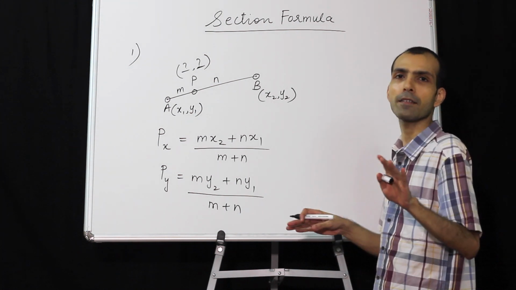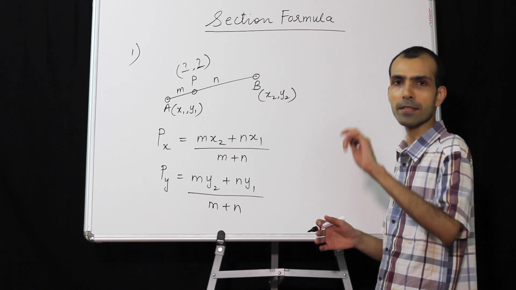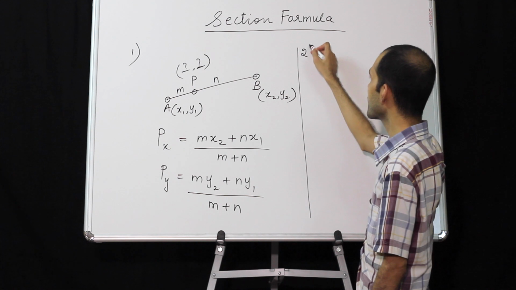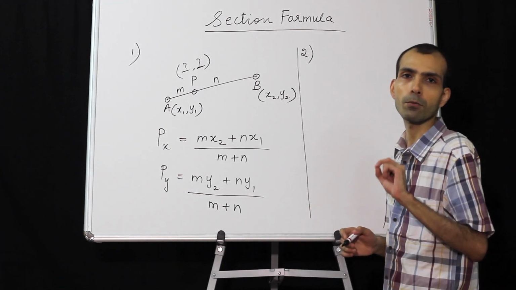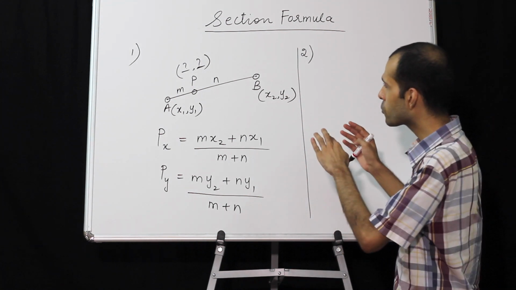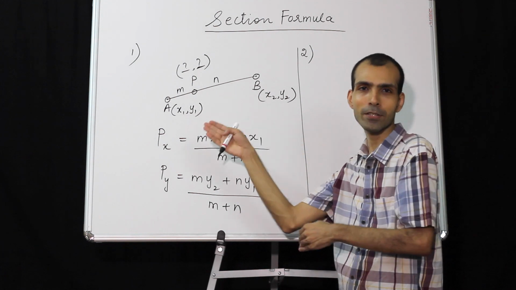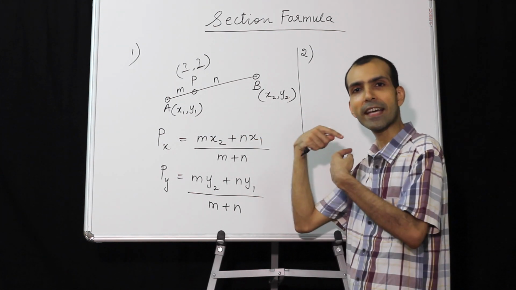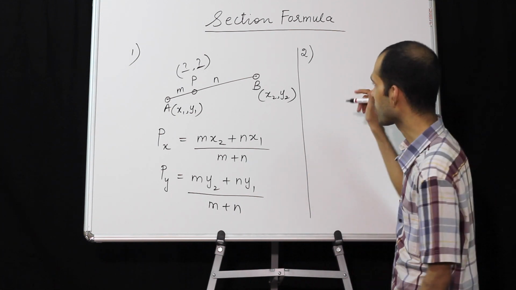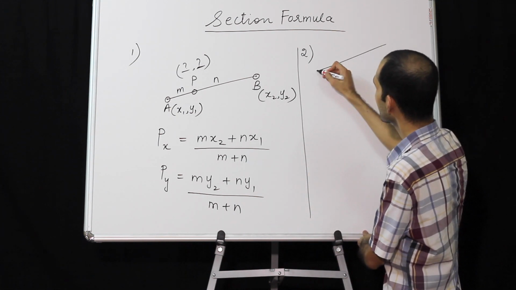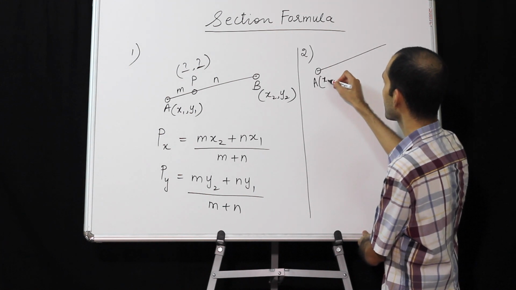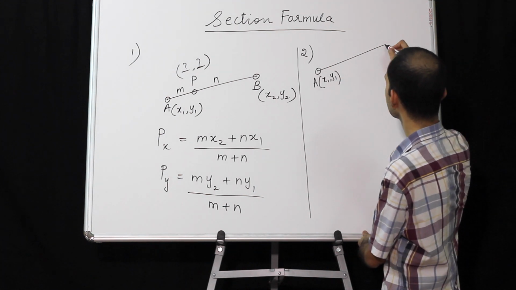So once we complete all the three formulae, then we will start with the numericals. Now you have something known as midpoint formula, which is actually a special case of section formula, but you need not show section formula. You can directly use the midpoint formula. Now let this be, say, A, x1, y1.